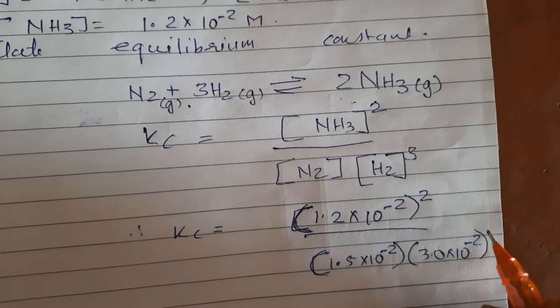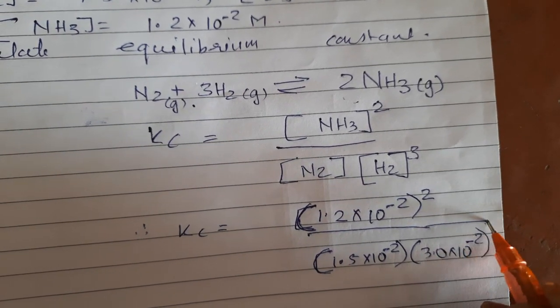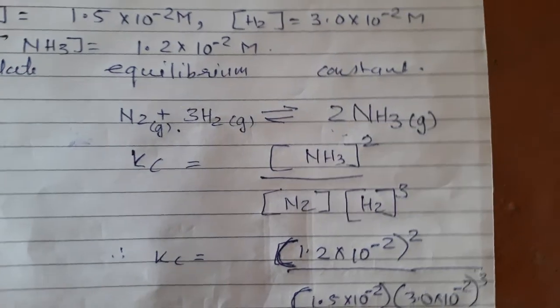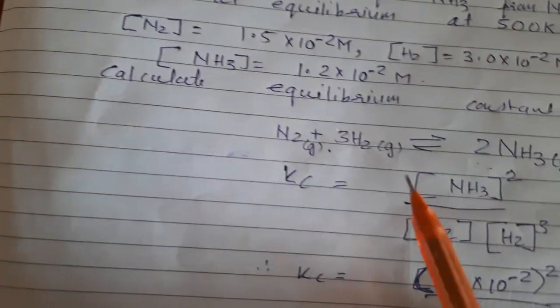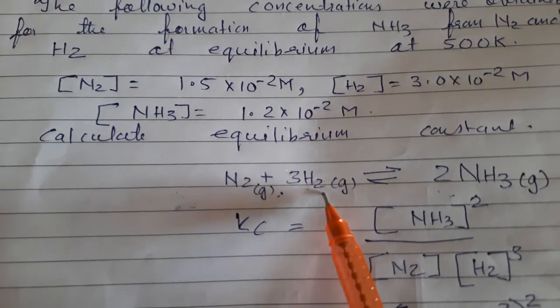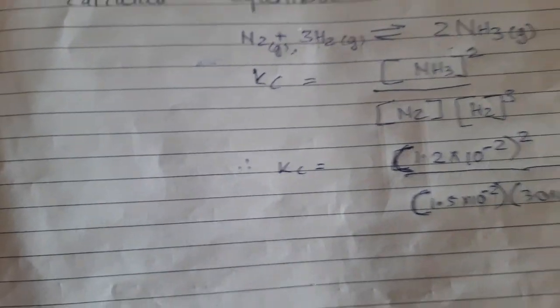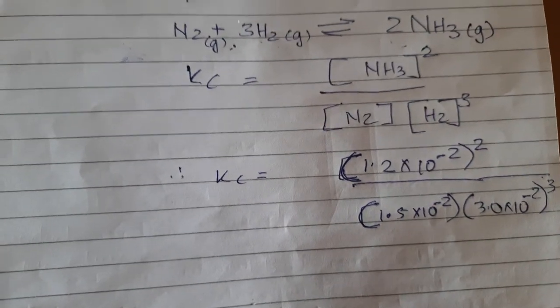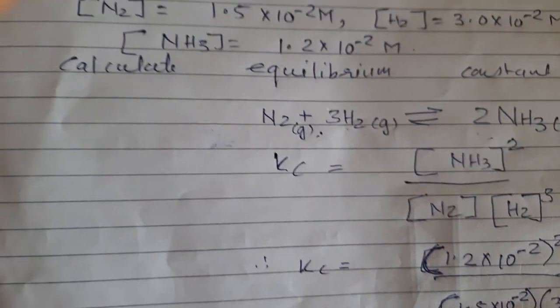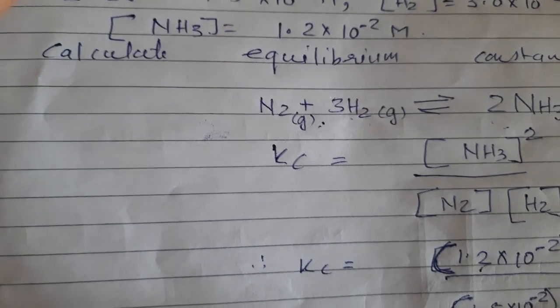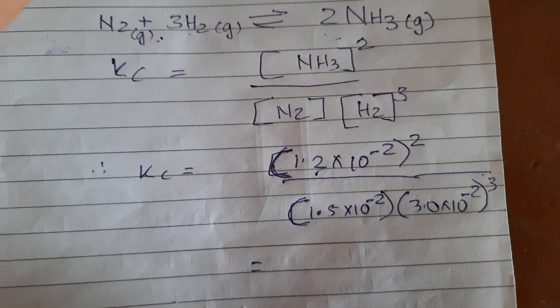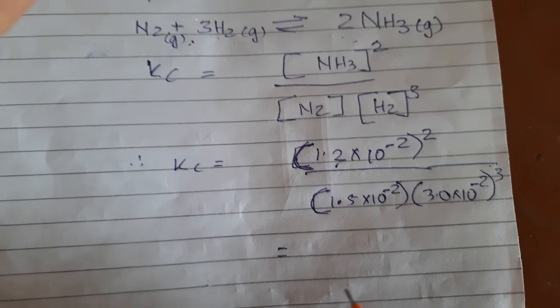But here a cube will be there because we have balanced the hydrogen with 3. As you see, 3 moles of hydrogen are there. So we have written it like this. Now when you cancel this, it will give you 1.2, and the final answer can be got with the help of a calculator, or we can do the calculation directly.